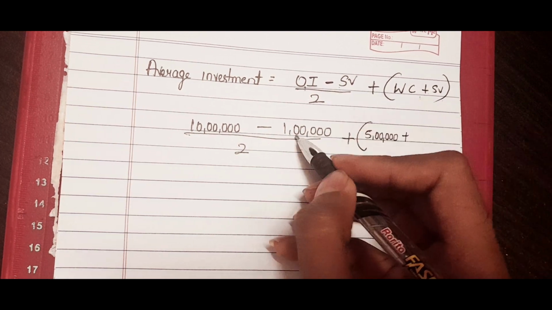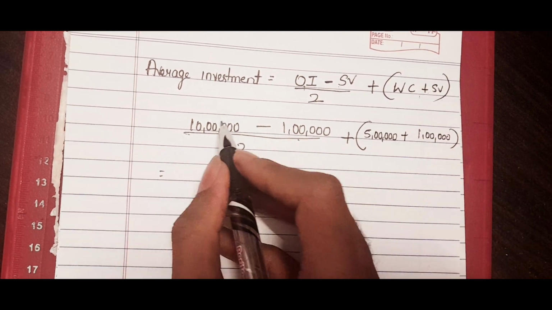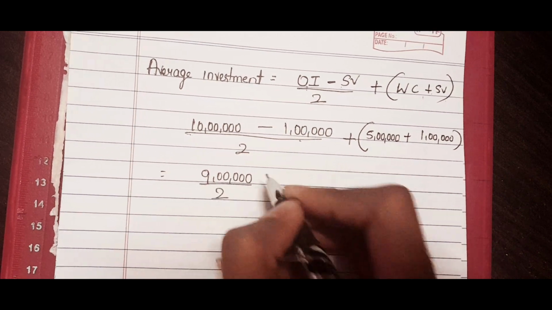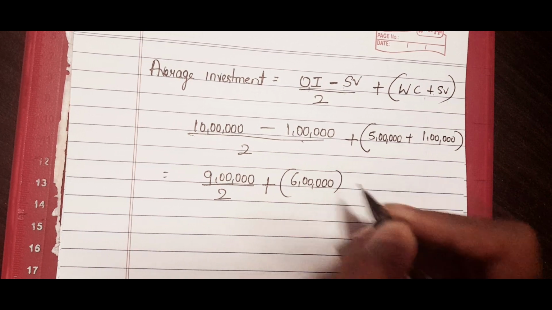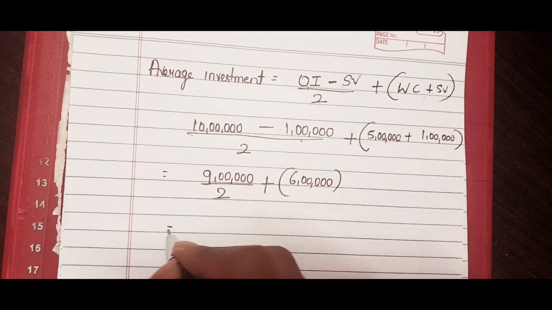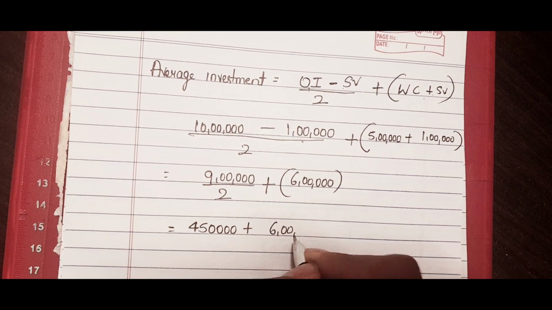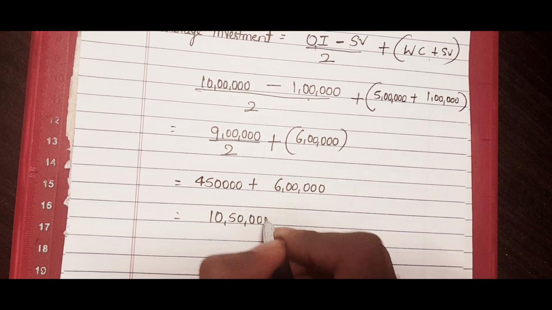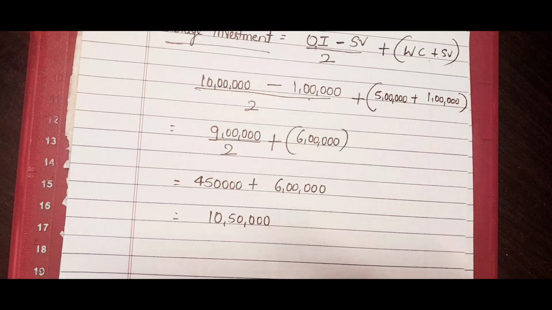Plus scrap value, 1 lakh. Now 10 lakh minus 1 lakh will be 9 lakh, divided by 2 is 4 lakh 50,000, plus 5 lakh plus 1 lakh, which is 6 lakh. So it will be 10 lakh 50,000. This is the average investment.